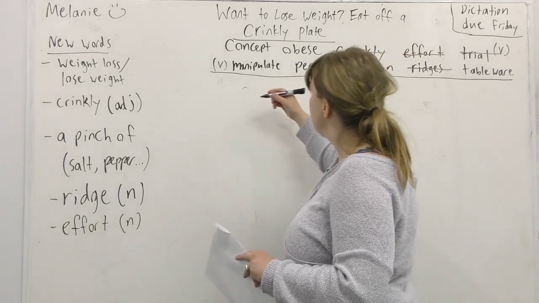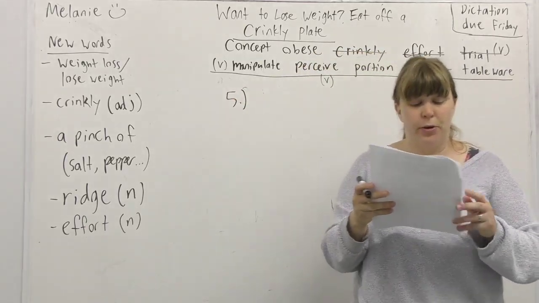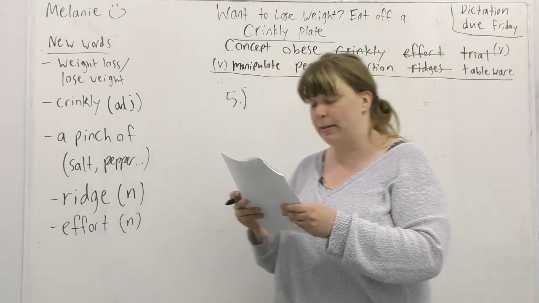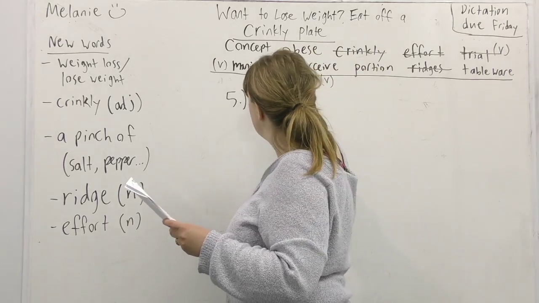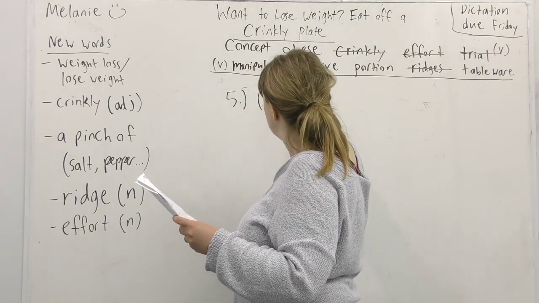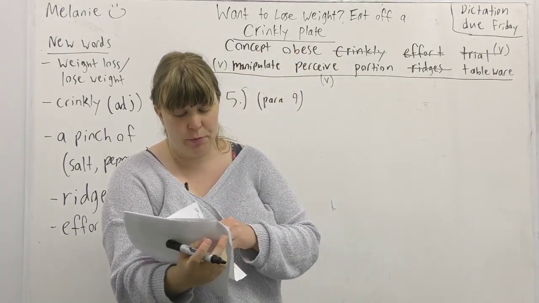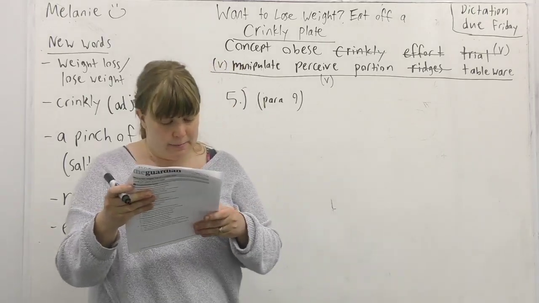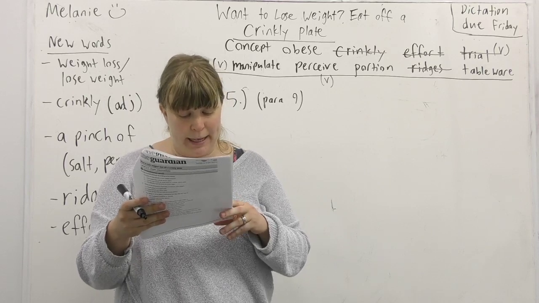Okay, let's do number 5. The amount of food that one person eats at a meal. Okay, so this is in paragraph 9. Let's look at paragraph 9. "Many people think you have to finish the food on the plate.